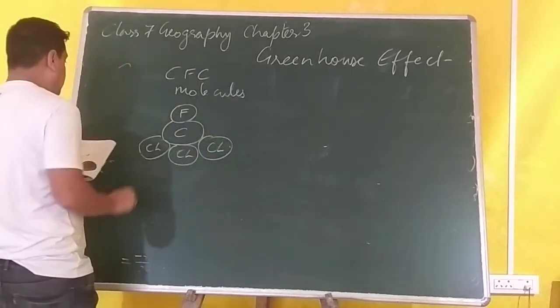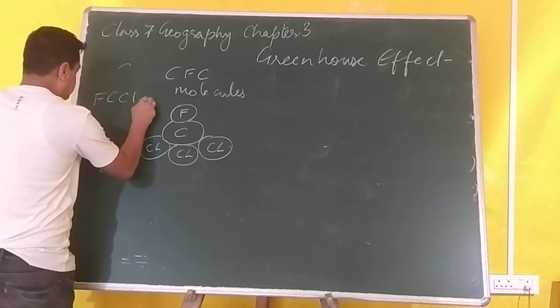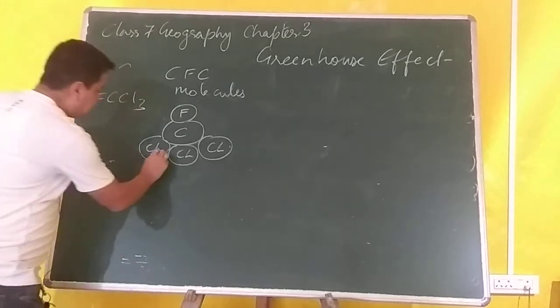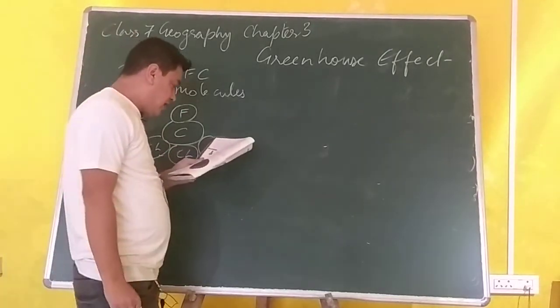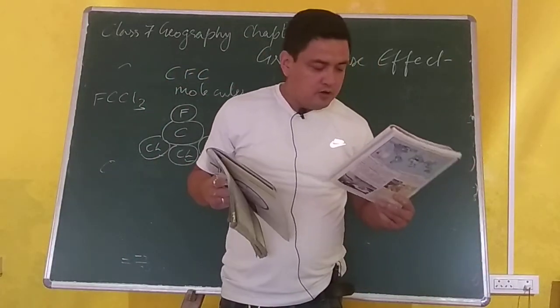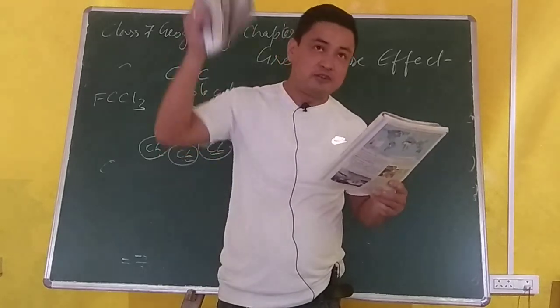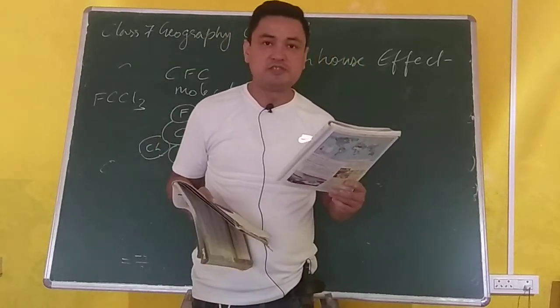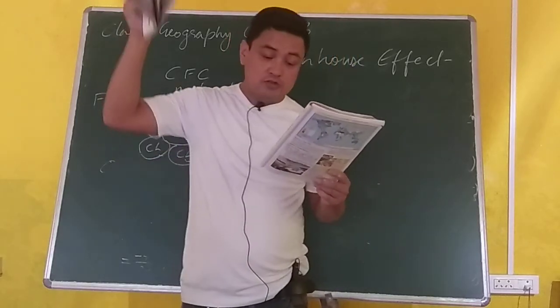Now basically the formula is CFCl3. Now this Cl is chlorine. Now it's written in the book that when the CFC reaches the ozone layer, so when the CFC is entering the atmosphere from the refrigerators and coolants, etc., they reach the ozone layer.